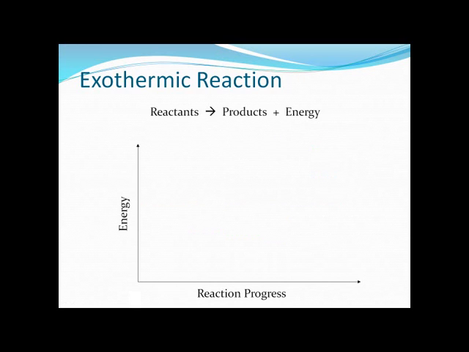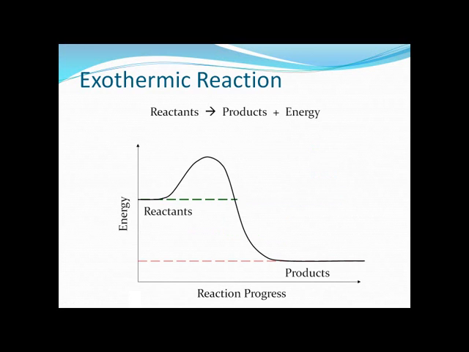And what we have here is reactants go to products plus energy. The curve then goes down. You have the reactants again on the left and the products on the right. And as you look at the differences in the energy, you will see that we have the reactants in green, products in red, and then the difference between them is going to be the delta H, and that delta H this time is negative because this happens to be exothermic.